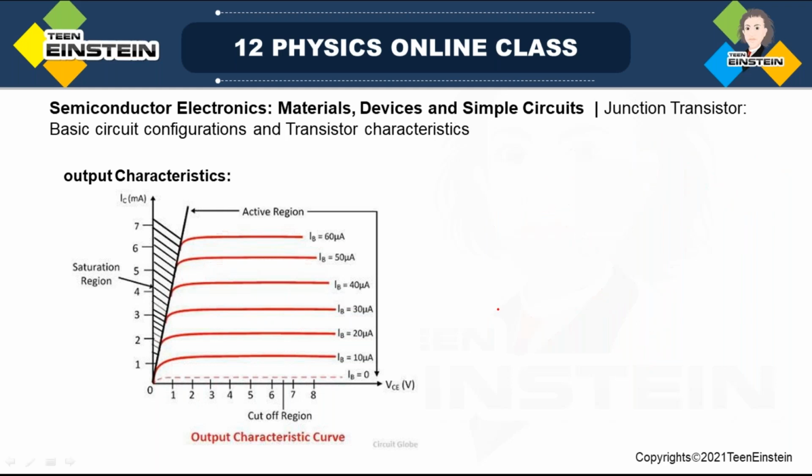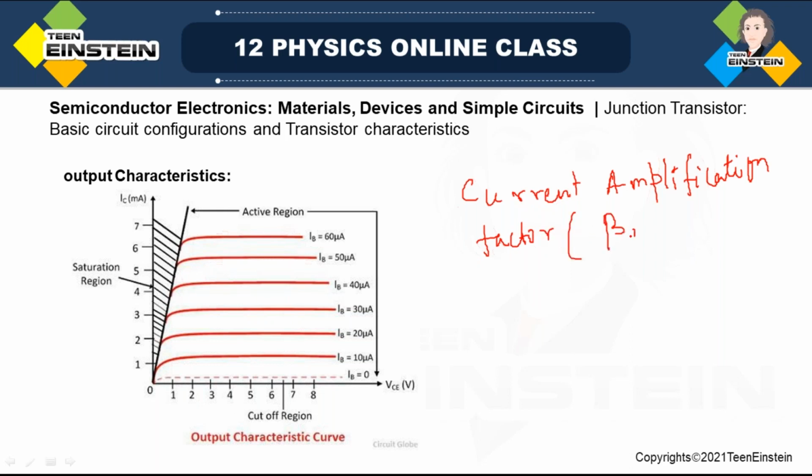Okay, we'll define the current amplification factor. This is denoted by beta AC or beta DC.